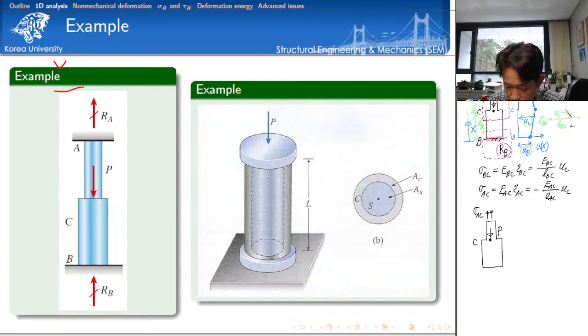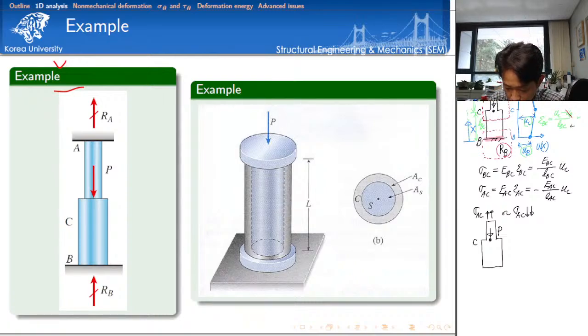So we have normal stress upward or downward. Which one is correct? Upward traction or downward traction? Downward traction as the default choice.